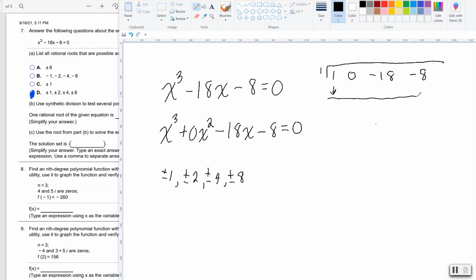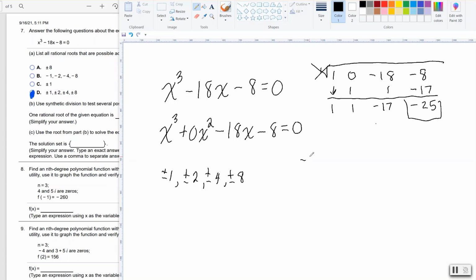You drop down the 1, then you multiply. 1 times 1 is 1, add we get 1. 1 times 1 is 1, add we get negative 17. 1 times negative 17 is negative 17, add we get negative 25. Since this is not 0, this is not a rational root.